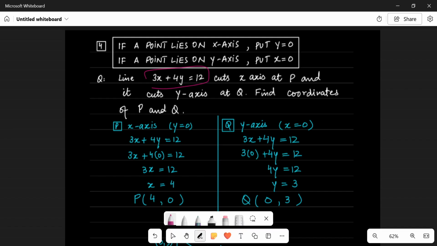From this equation, we substitute the y value 0, and we find the coordinates of P are (4, 0). The same thing we substitute here, x as 0, because it's the y-axis, and you find the coordinates (0, 3). We have done this exercise from our book D3. So these are the notes, just a recap of the unit.